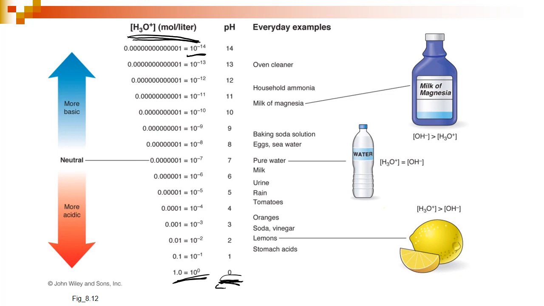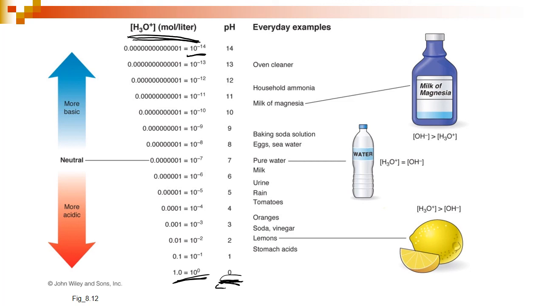Pure water is going to have a pH of 7, it's neutral, although we're going to find that a lot of the water samples we actually have are slightly on the acidic side.